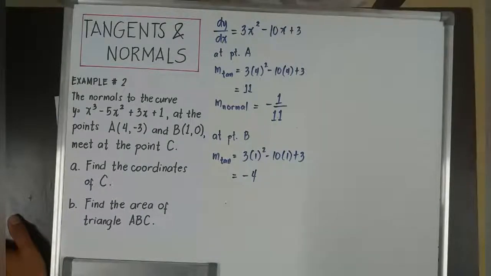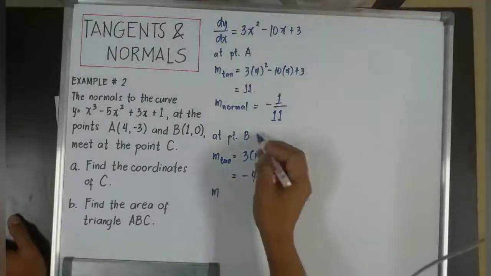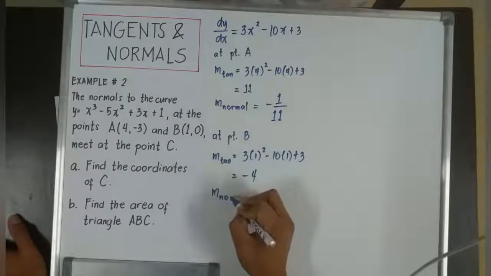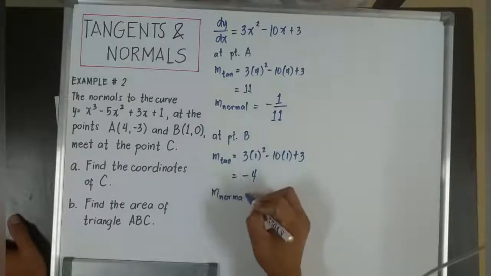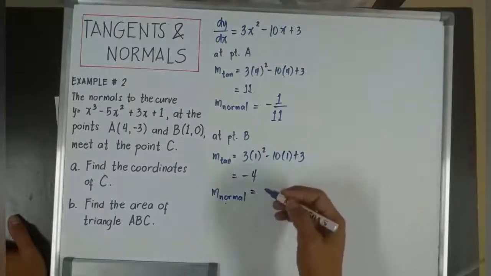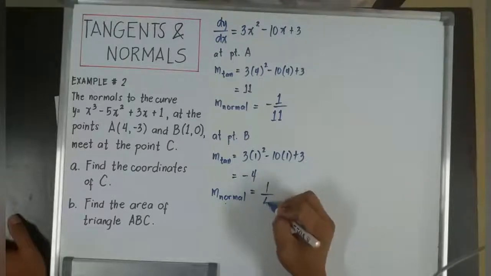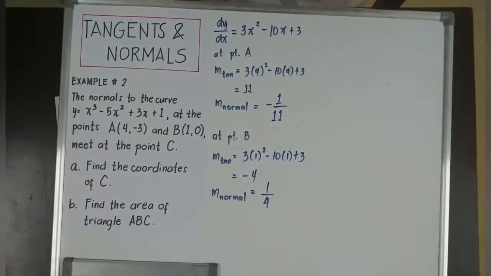Let's just verify. So therefore, the gradient of the normal at point B is equivalent to negative 1 over negative 4, which is positive 1 over 4. So these are the things that you need to find out first.